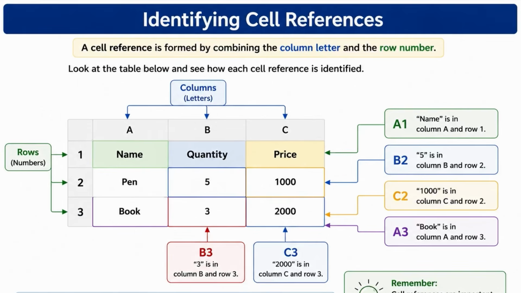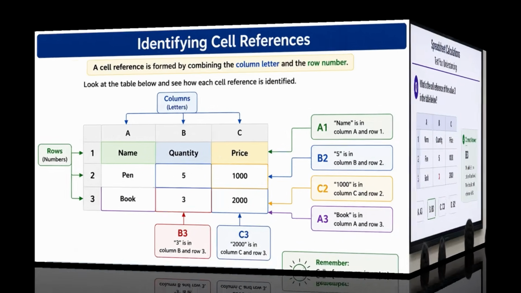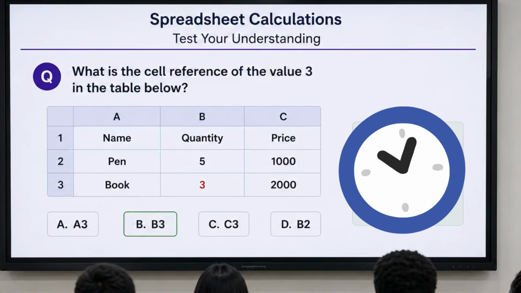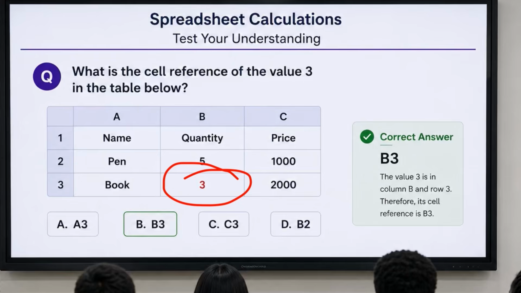As you can see, identifying a cell reference is very simple. We just combine the column letter with the row number. Now, let's test our understanding with a quick question. What is the cell reference of the value 3? The answer is B3 because the value 3 is located in column B and row 3.